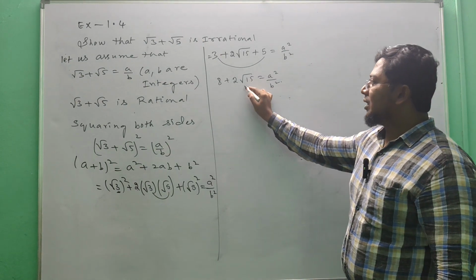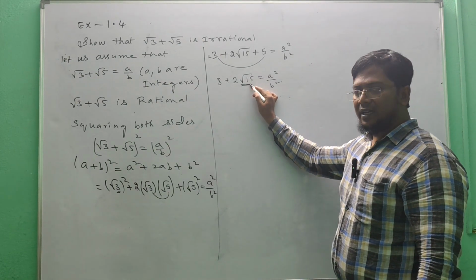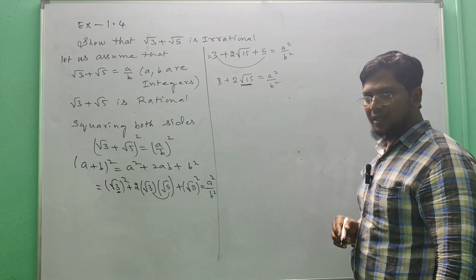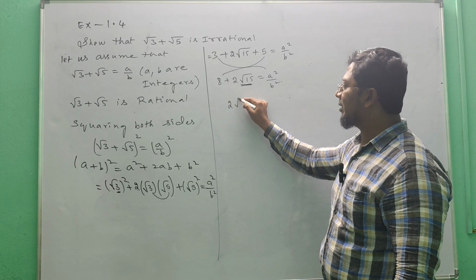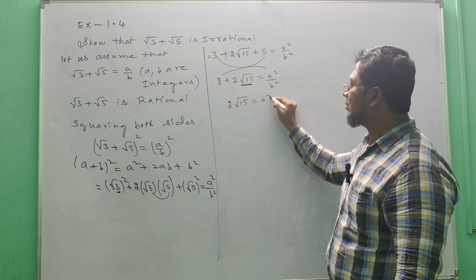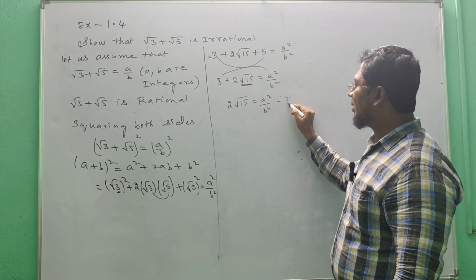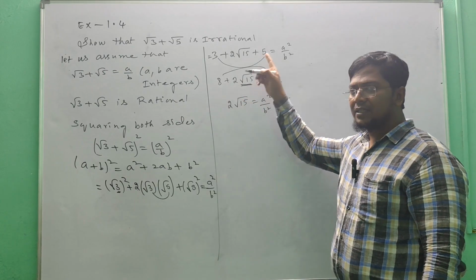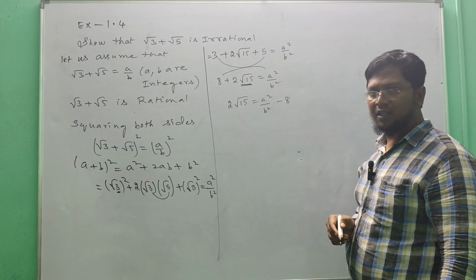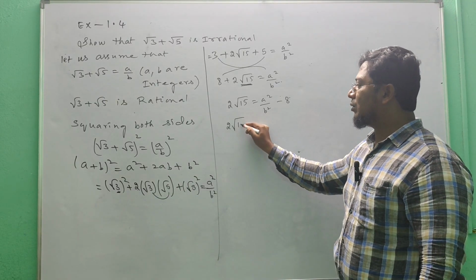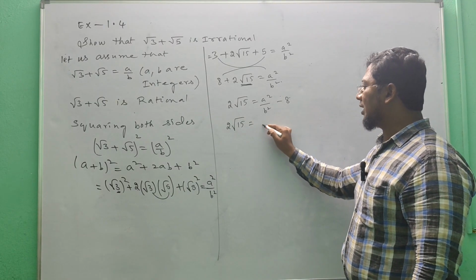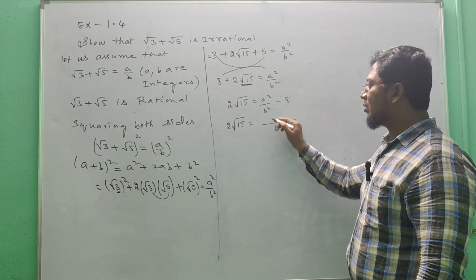So we have to put only root 15 on the LHS. The remaining terms we have to set on the RHS. So we have to set plus 8 on the RHS. It will become 2 root 15 is equal to a square upon b square minus 8. Plus 8 comes to the right hand side of the equation and becomes minus 8. So similarly, 2 root 15 is equal to, we take the LCM, b square cancels.